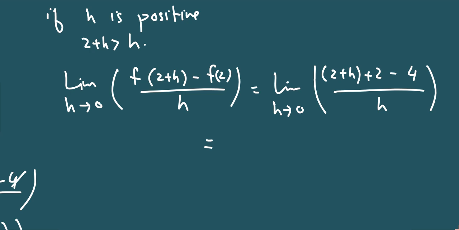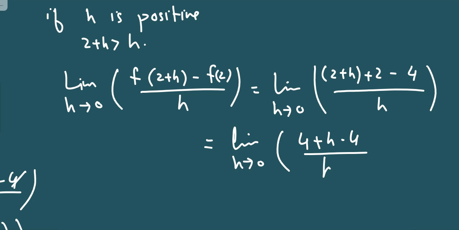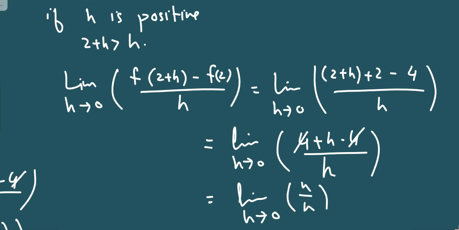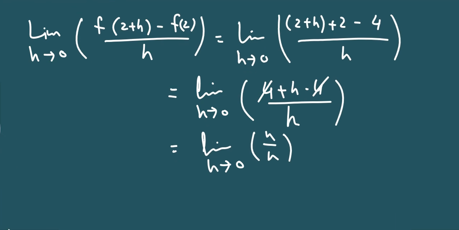Okay, and then it will become limit h tends to 0 of 4 plus h minus 4 over h. 4 will be cancelled out with 4, and I will get limit h tends to 0 of h over h. So it is limit h tends to 0 of 1, which is equal to 1.